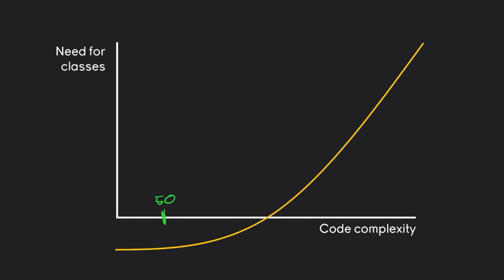In this case, there really isn't any need for classes because, well, your code is very simple and there isn't any need to organize complexity. However, the longer and more complex your code is becoming, the more you will need classes. And this ramps up really, really fast.